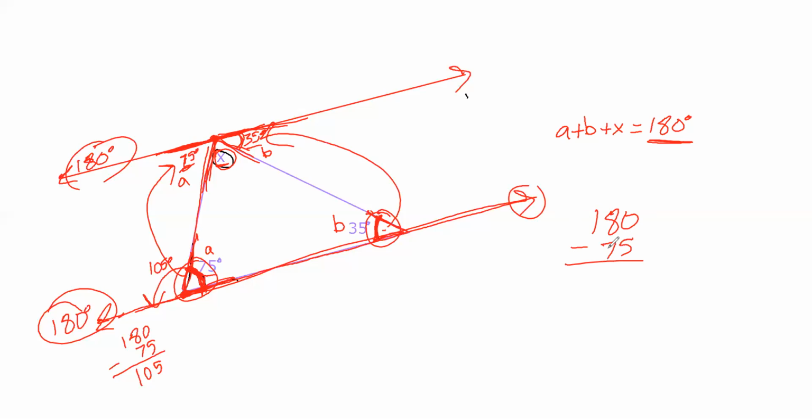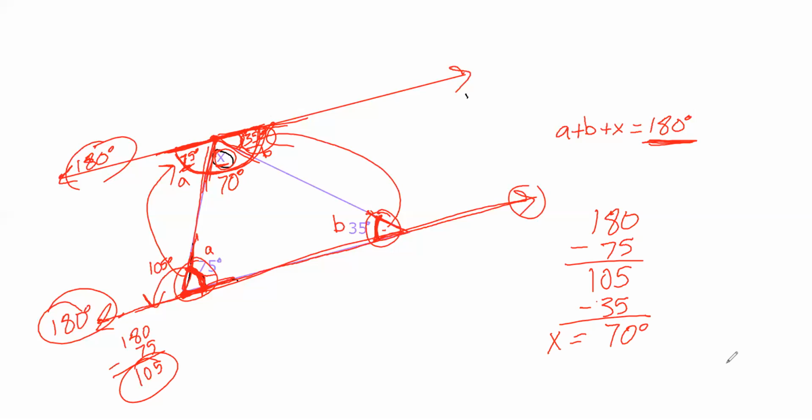We already know from earlier that that is 105. Then we subtract our second angle, 35 degrees, and 105 minus 35 is 70. So angle X is 70 degrees, because all three of these angles added up give us a straight line, which is 180 degrees. So X equals 70 degrees.